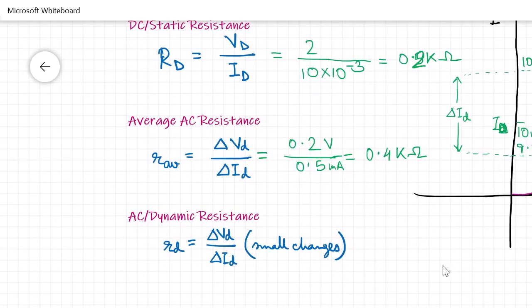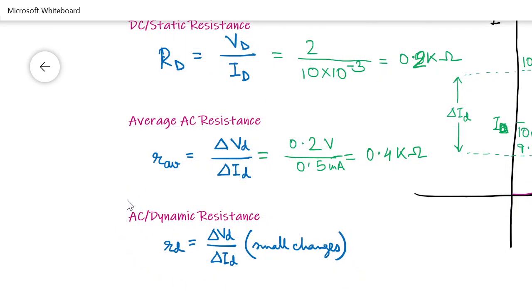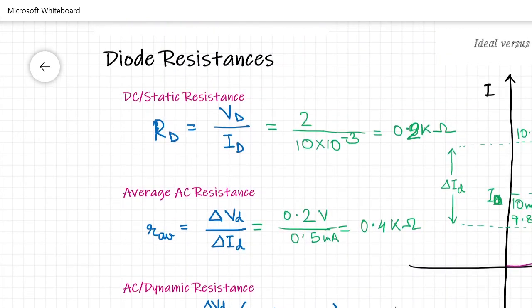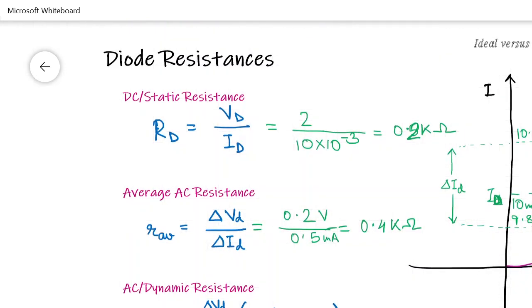Now there is another, which is called the dynamic resistance, the AC resistance. Here this delta Vd and delta Id need to be very small. This cannot be very large, maybe 0.01 volt or something like that, and then a very small change in the current will also be there. Then you can take the ratio.